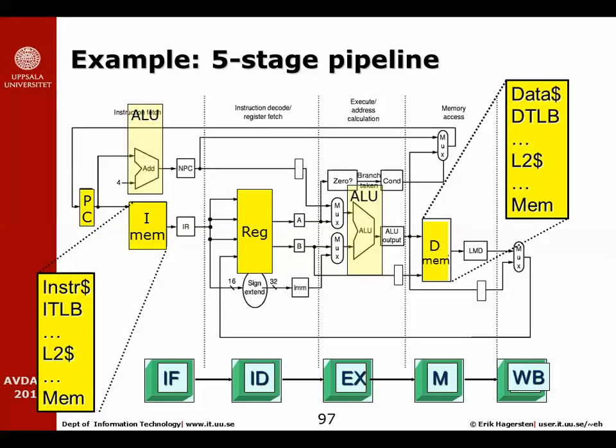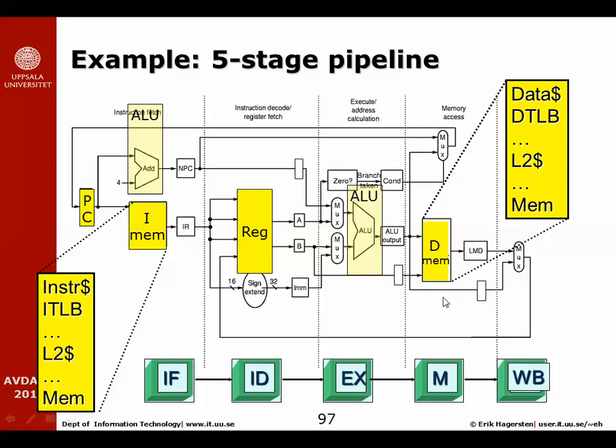So we're going to build a superscalar pipeline, but before we go there, let's remind ourselves what the single issue pipeline looks like. The pipeline we've been talking about is referred to as a single issue pipeline, where you start one instruction each cycle. Here we have a flow of instructions being fetched from instruction memory. The program counter identifies which instruction to fetch. We fetch the instruction into an instruction register. Then in the next cycle, we read the register file. The next cycle, the ALU will do its job.